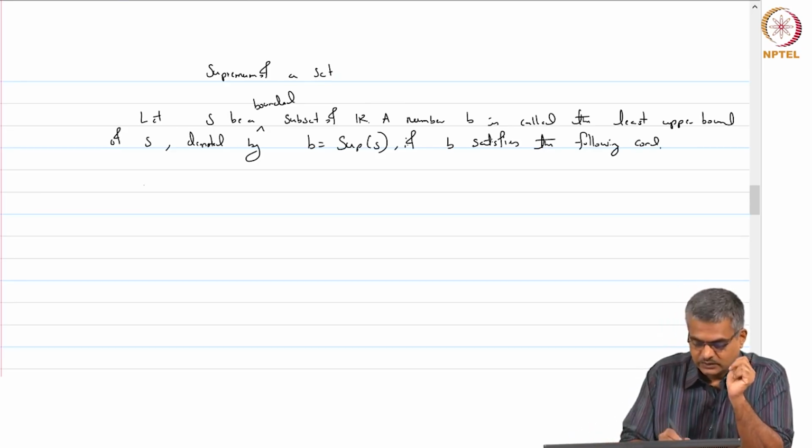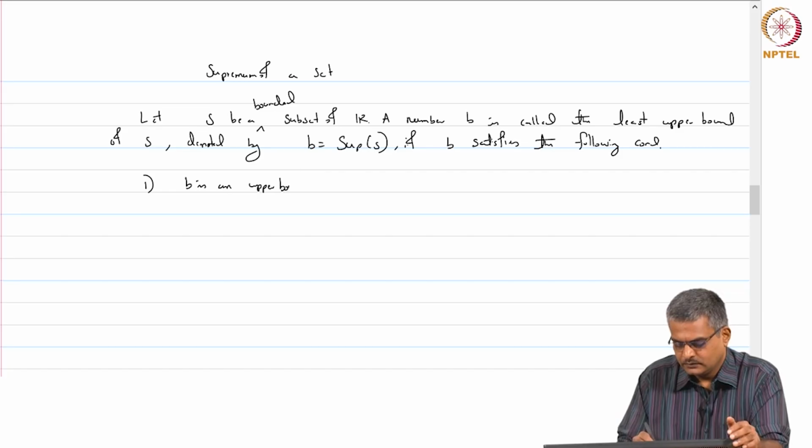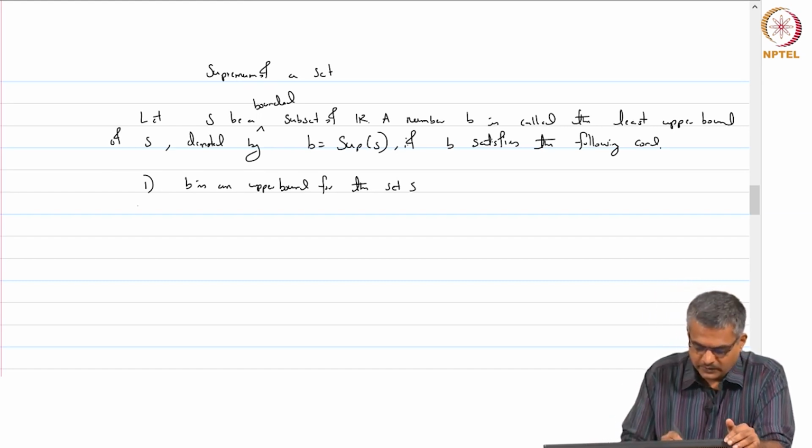And what is this? The first is B is an upper bound for the set S. It has to be an upper bound, right.